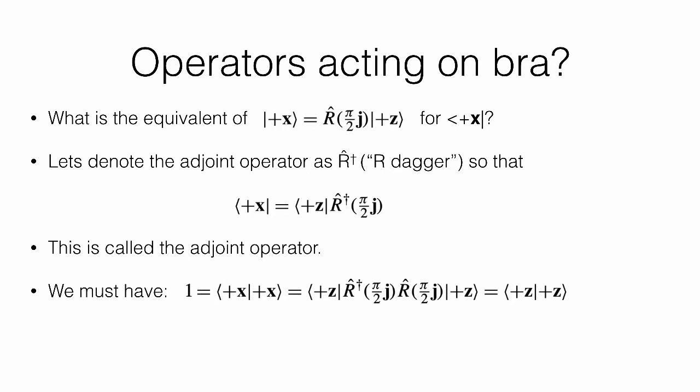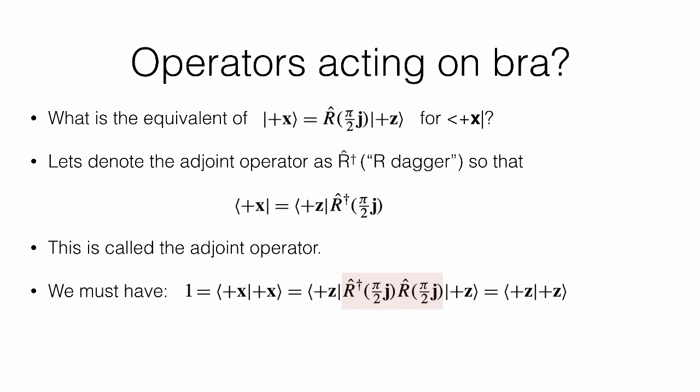Now the only thing that we really know about plus x, compared to its bra and ket, is that the probability amplitude of plus x should be 1, just like the probability amplitude of plus z should be 1. So if we substitute the bra plus x and the ket plus x in that expression, we obtain the following equation, which simply shows one thing that's obvious: R dagger R should be the identity operator.